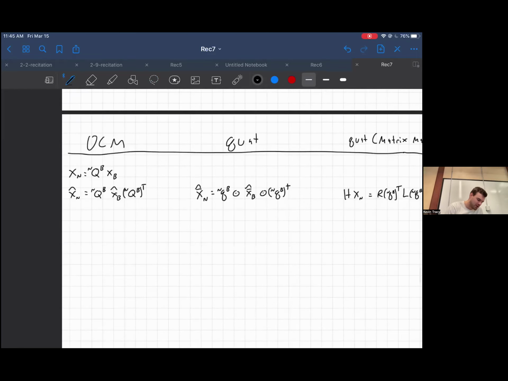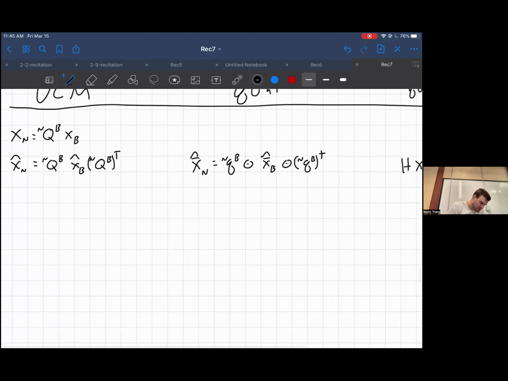Next line, this is how we compose rotations. So Q AC equals Q AB QBC. And in quaternions, I do the exact same kind of thing. It's now using a new type of multiply.